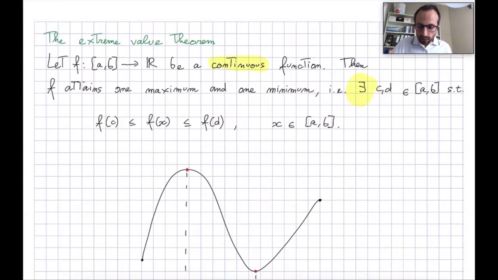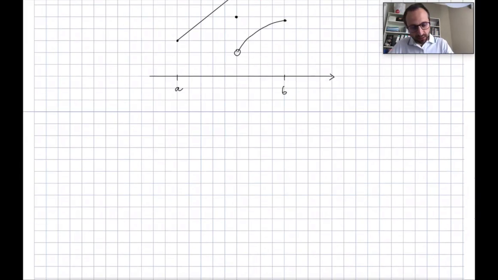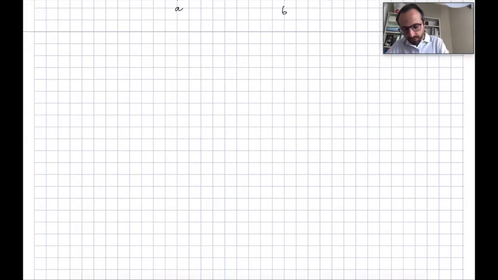So now let's go back to the statement and look at the interval. Why, for example, does the interval have to be closed? Let's see what happens if the interval is not closed.